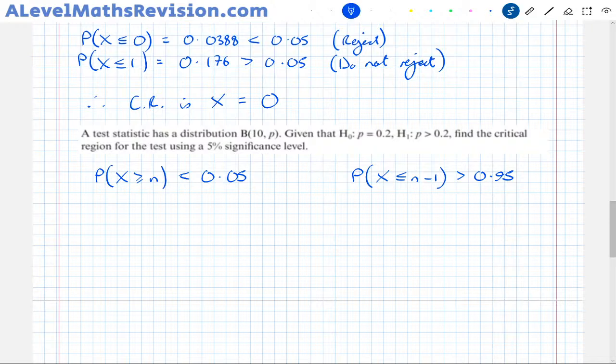And I'm just going to show you what I've done there mathematically. The probability that x is greater than or equal to n is identical to 1 minus the probability that x is less than or equal to n minus 1, is less than 0.05.